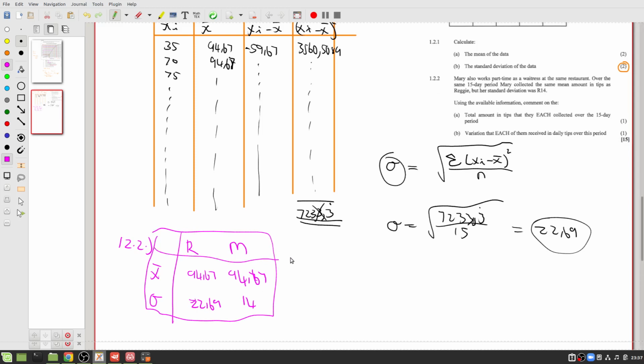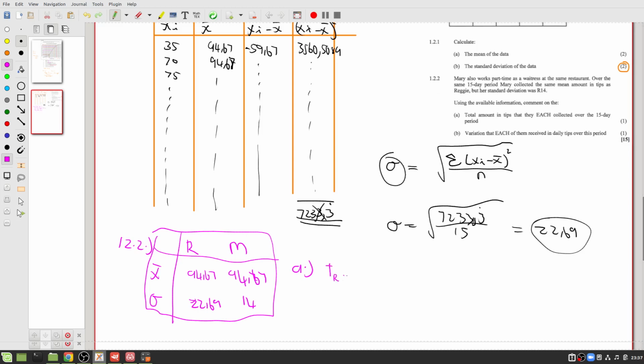Okay, now what do they ask? Question A. Using the available information, comment on the total amount in tips that they each collected over the 15-day period. So if they had the same mean, the same average, and they worked for the same number of days, they got the same amount of tips, right? Each worked for 15 days with an average of 94.67. So let's actually do this, I just want a better notation.